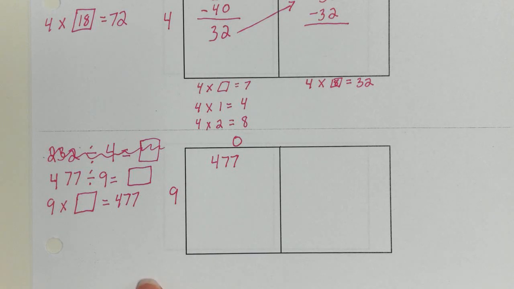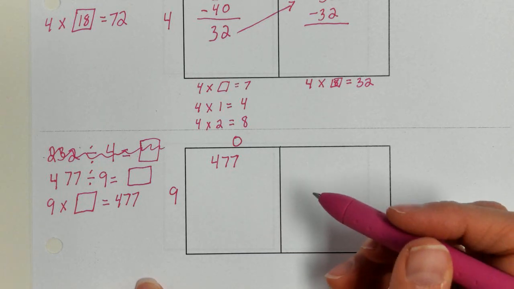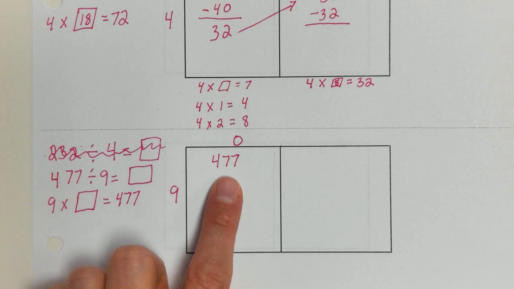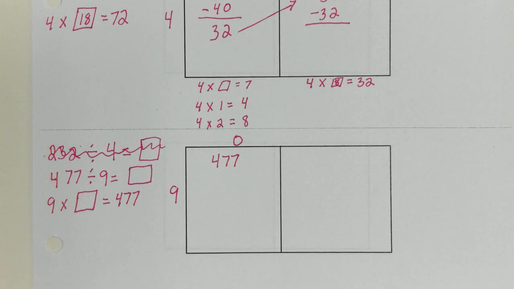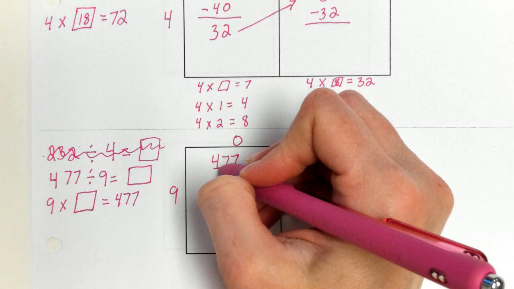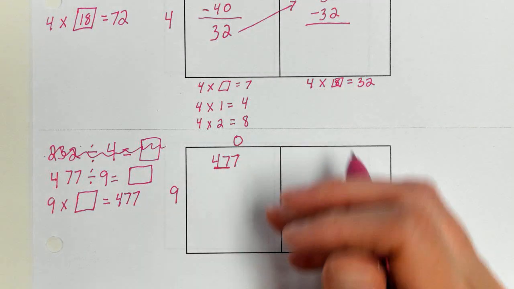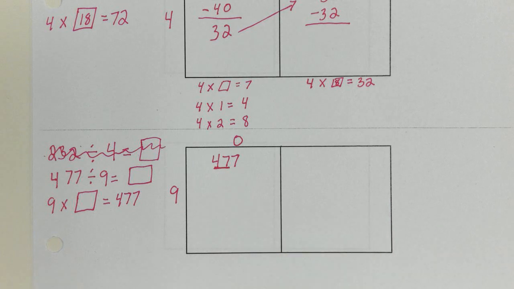Now, which number am I going to look at when I look at this 477? I don't want to start looking at the whole number, so what do I want to look at? I'm going to look at the first 2 digits, which really is 47 tens. 477 has 47 tens in it.